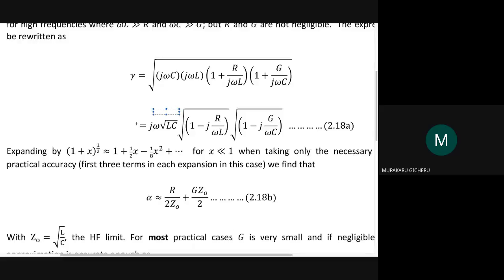The math of how this becomes this is not that important.